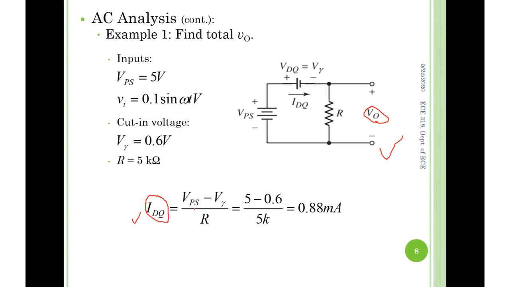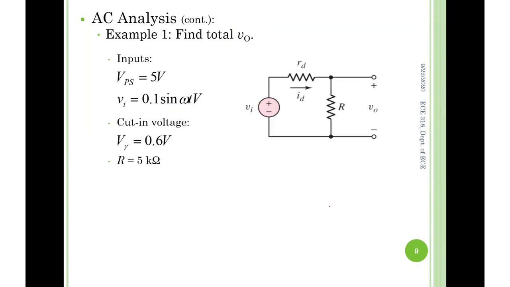This is non-negotiable. So IDQ is 0.88 milliampere, as the basis of the AC analysis model. V naught equals 4.4 volts. It's very straightforward: the current flowing through this loop times the resistance. A single loop circuit. 4.4 volts as the V naught in DC.